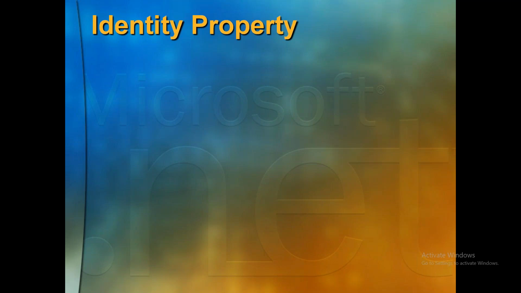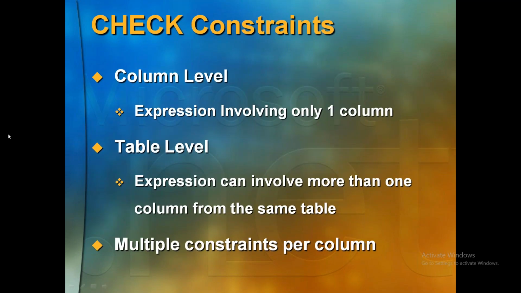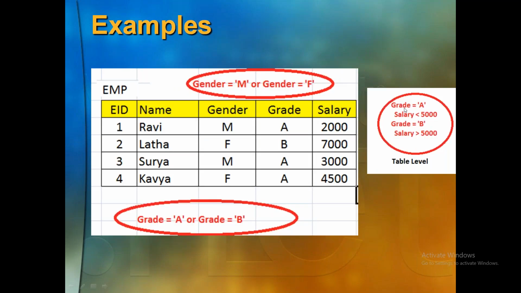Then we have two kinds of check constraint: column level and table level. Column level means an expression involving only one column: salary greater than zero, gender can be either male or female, grade can be either A or B. Only one column is used in the expression. Table level means the expression can involve more than one column. Here grade is one column and salary is another. If the grade equals A, salary is this much; if the grade equals B, salary is this much.